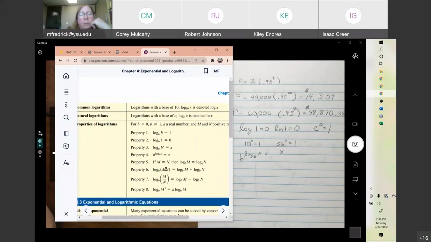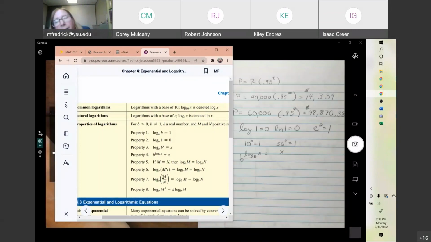If m equals n, then the log base b of m equals the log base b of n. Usually we go the other way. But if you have the same log on each side, just one log, you can drop it, m equals n. That's what this one's telling you. So you could take the log of both sides, or you could take it off.